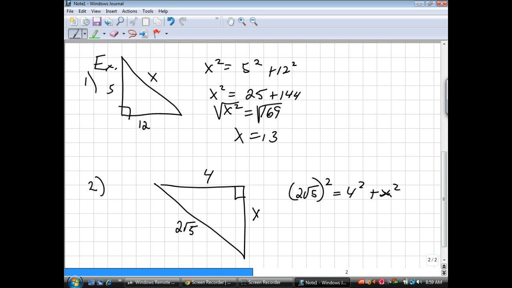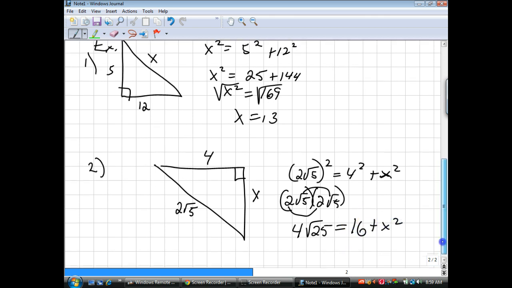Well, 2 square root 5 squared means 2 square root 5 times 2 square root 5. So we do the 2 times the 2, which is 4, the square root 5 times the square root 5, which is square root 25, equals 4 squared is 16 plus x squared.